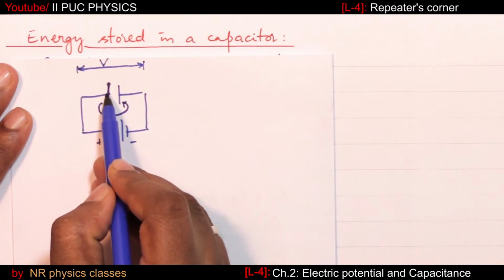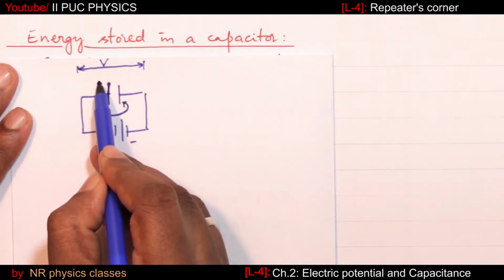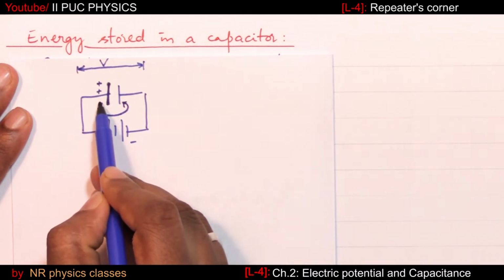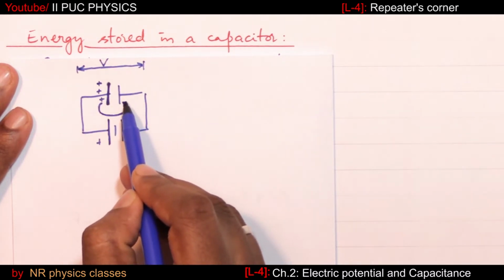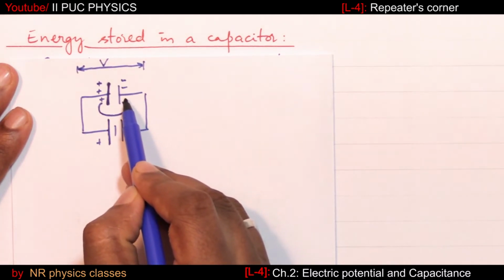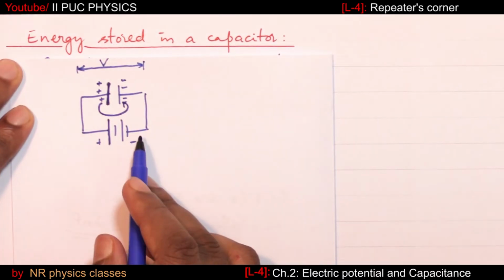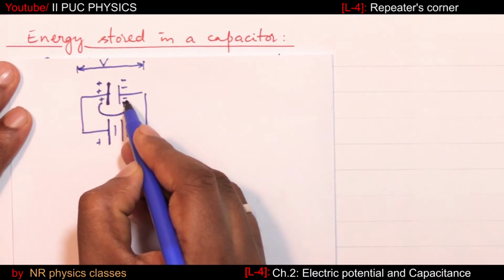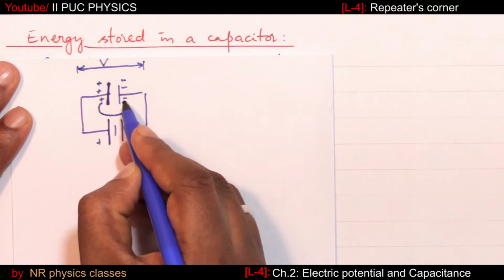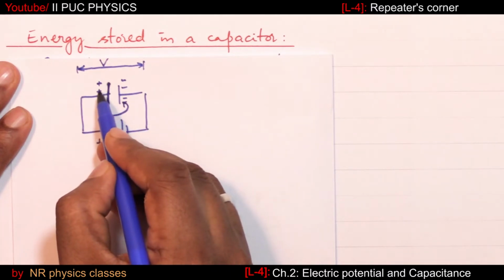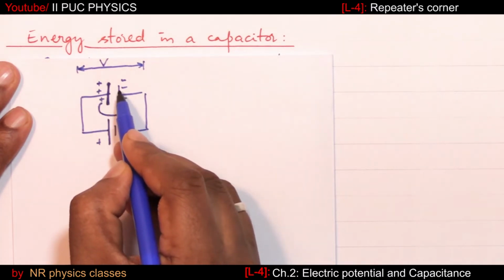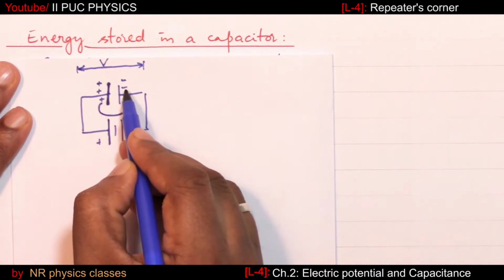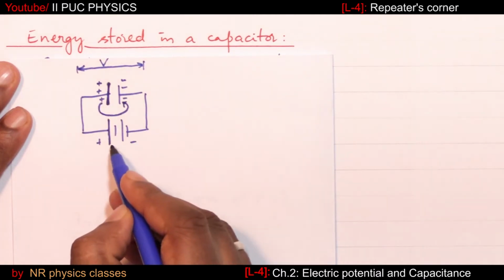Since electrons are removed from this plate, it takes positive charge, and electrons are transferred to second plate means it takes negative charge. Observe, because of transfer of electrons, charge is developed on both the plates of a capacitor, and that's because of this battery.